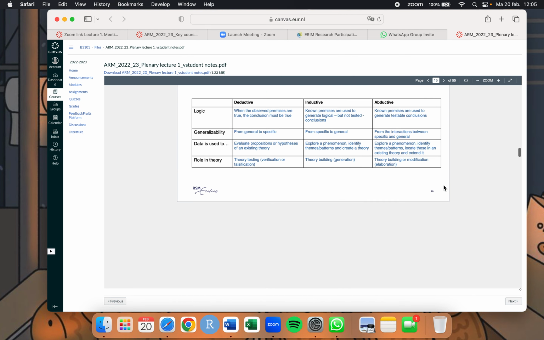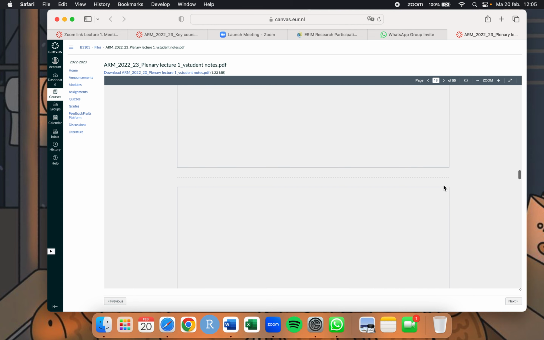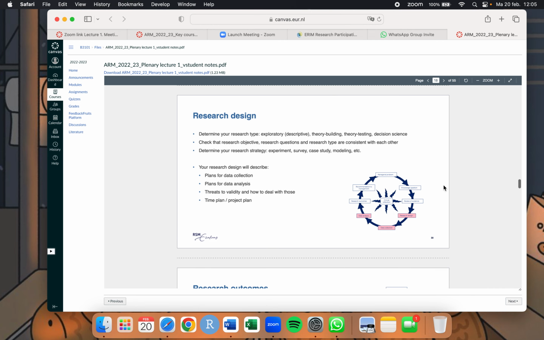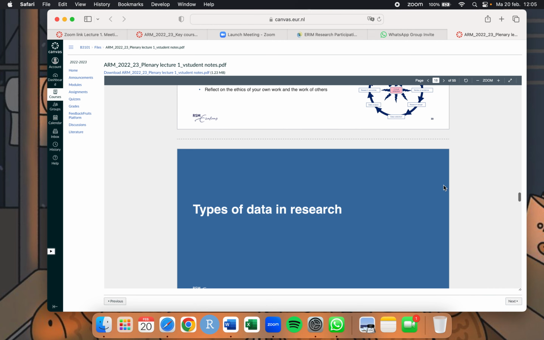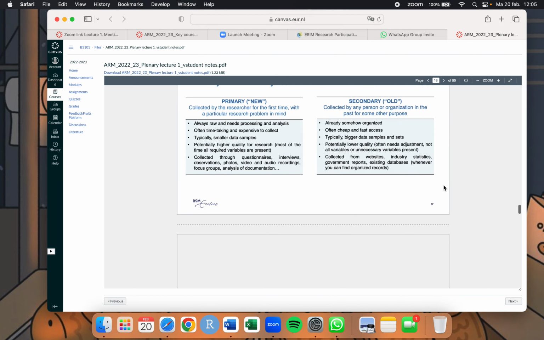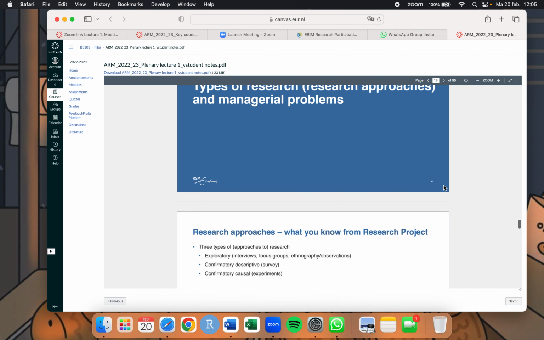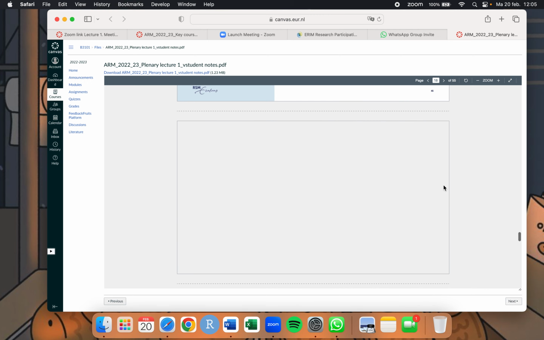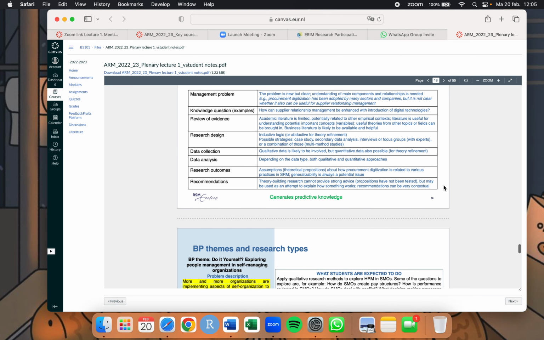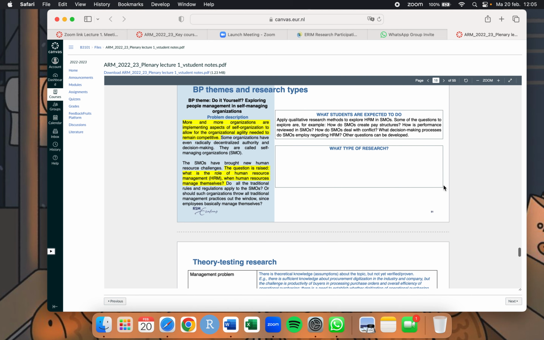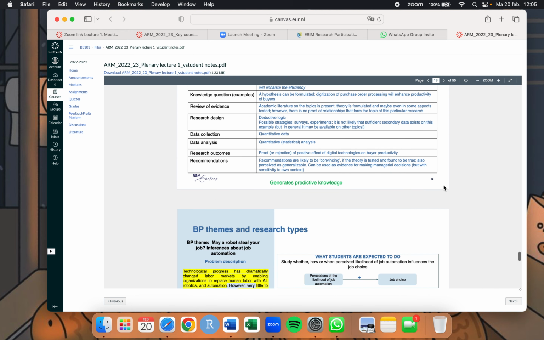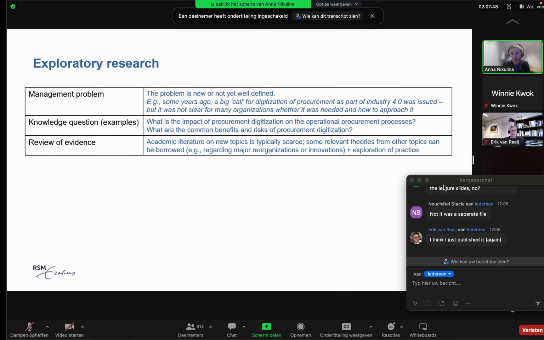So by default, if your topic is new or relatively new, you need to be prepared that you will not find a lot of information that's academic right on the spot. So I can find some relevant theories. I can find maybe information about some of the same problems to look into. And probably there will be already something about exploration of practice, so management literature.